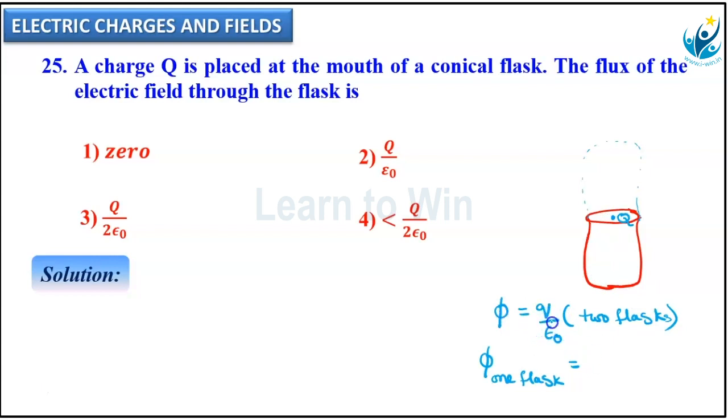For one, half of this, that is Q by 2 epsilon naught.